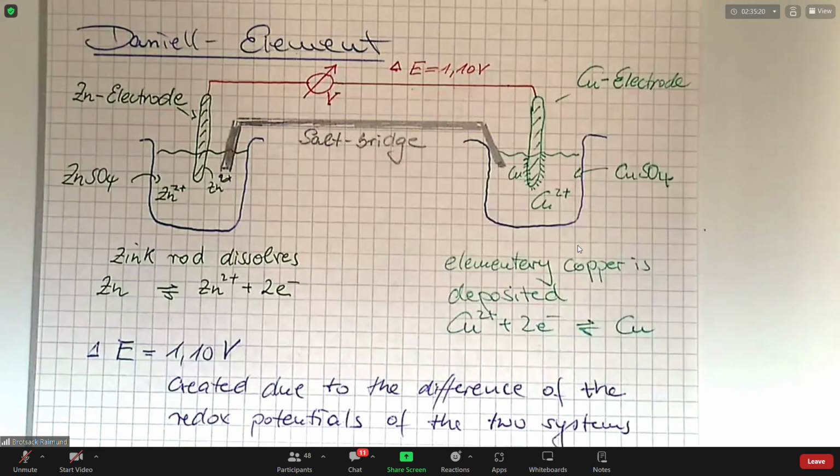It's created due to the difference of the redox potentials of the 2 systems.